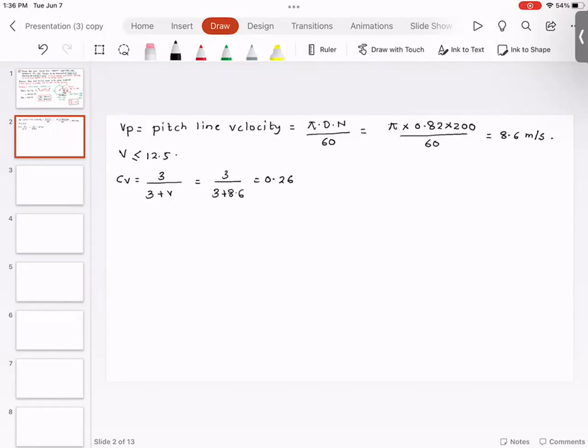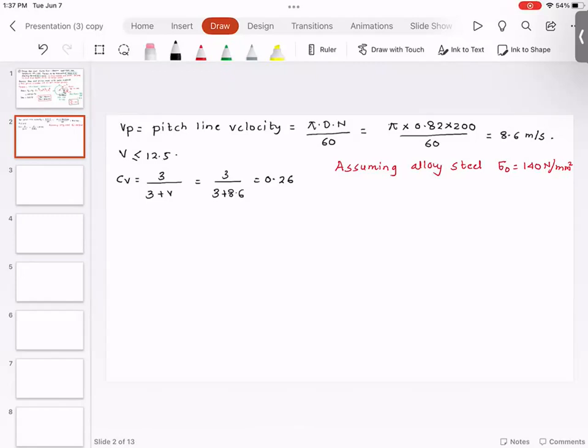So I'm going to assume alloy steel, and the sigma value I'm going to assume is 140 Newton per millimeter square. And since the gear and pinion are made of the same material, the pinion is weaker. So I'm going to find out the Lewis form factor.